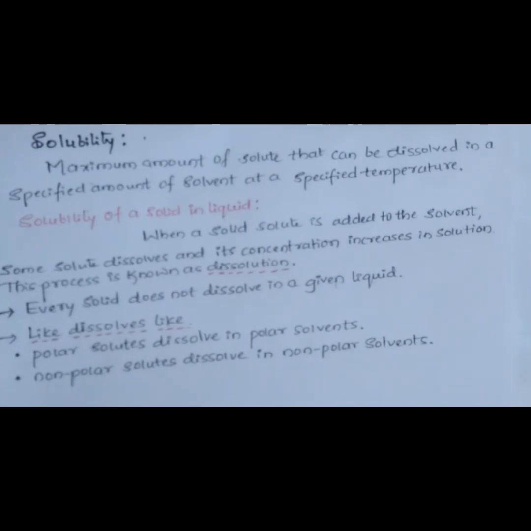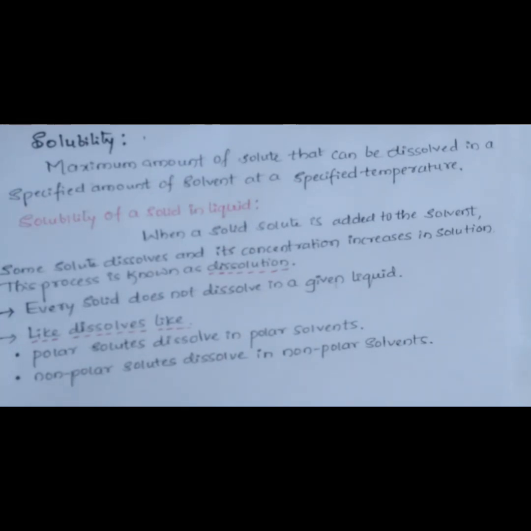When such substances are added to polar solvents, for example water, H2O, which also has partial charges on hydrogen and oxygen, hence it is considered a polar solvent. So polar solutes get dissolved in polar solvents, and non-polar solutes will dissolve in non-polar solvents.